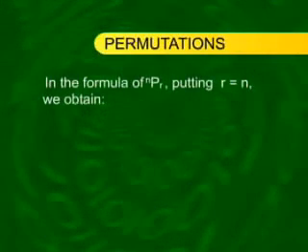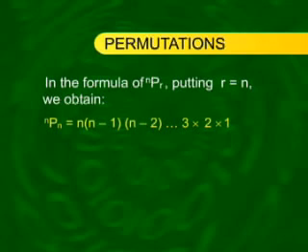The next thing to realize is that the formula that I just gave you, the special case of this formula is when r itself is equal to n. As you now see on the screen, in the formula of NPR, putting r equal to n, we obtain NPN is equal to n into n minus 1 into n minus 2 and so on up to 3 into 2 into 1, and that is n factorial.